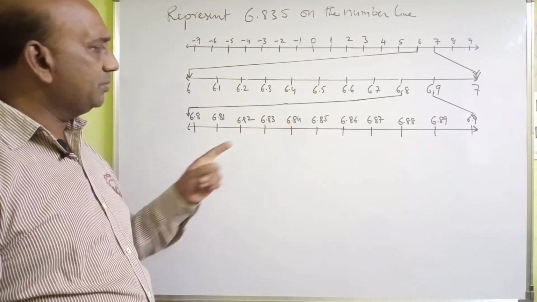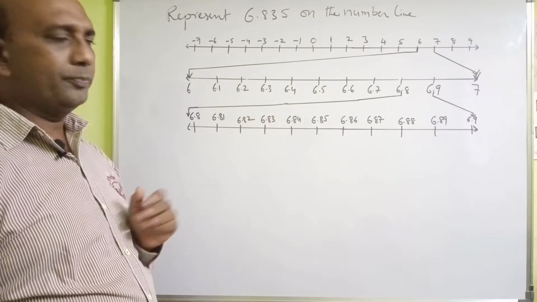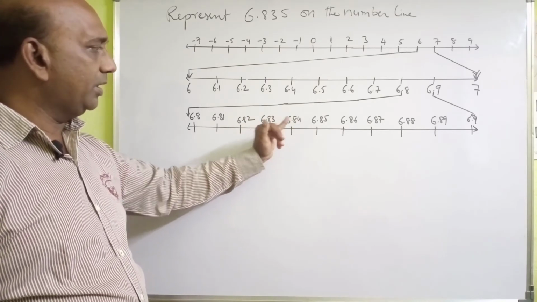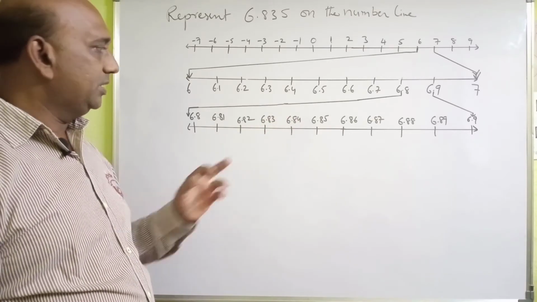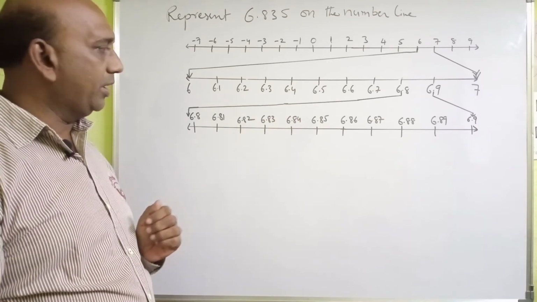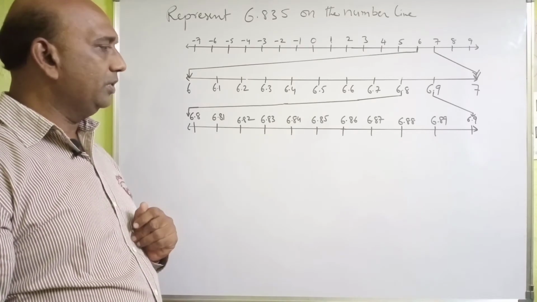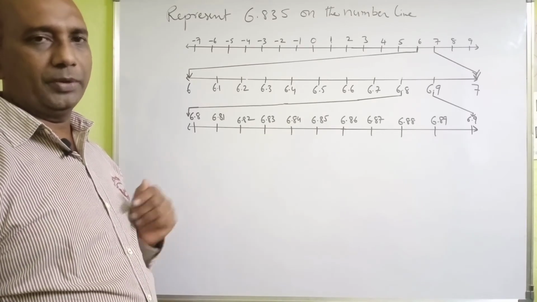What are those rational numbers between 6.83 and 6.84? They are 6.831, 6.832, 6.833, 6.834, 6.835 and so on.